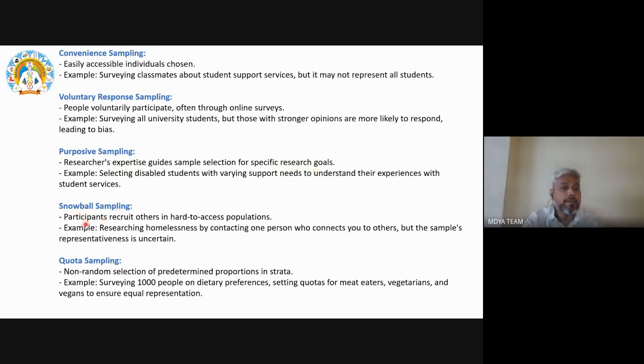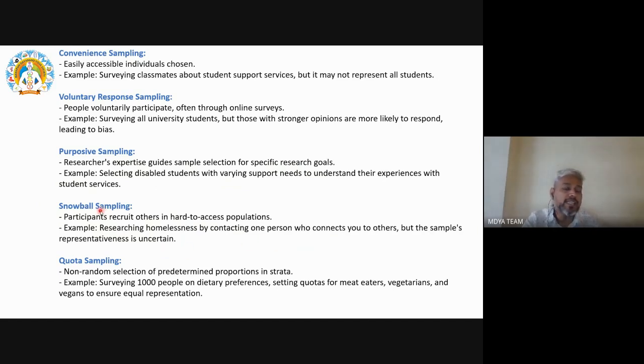Snowball sampling, participants recruit others in a hard to access population. Example, researching homelessness by contacting one person who connects you to others, right? But the sample's representativeness is uncertain. So this is snowball sampling. You are using someone else to decide your samples, but the sample's representativeness is uncertain.